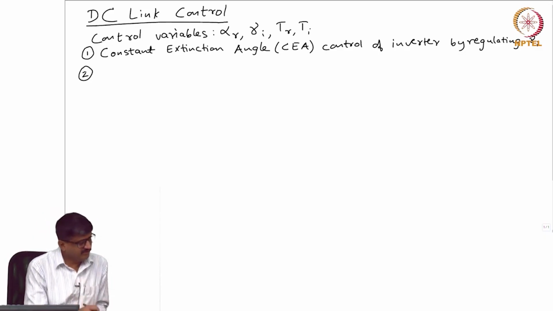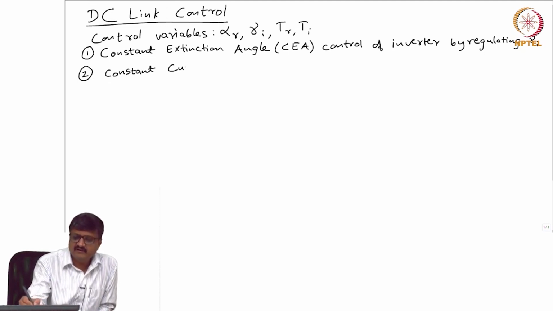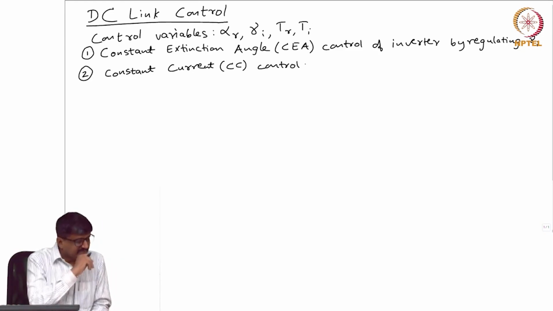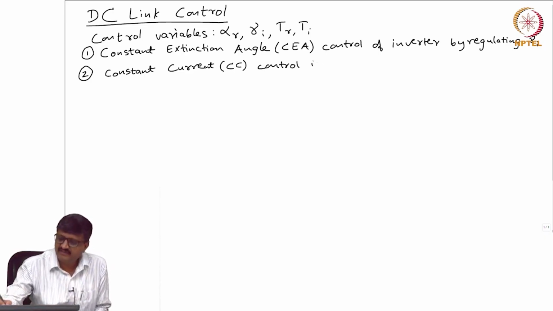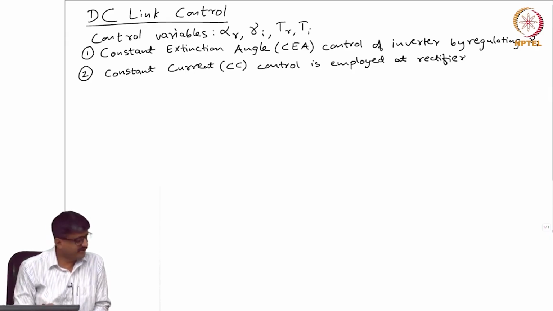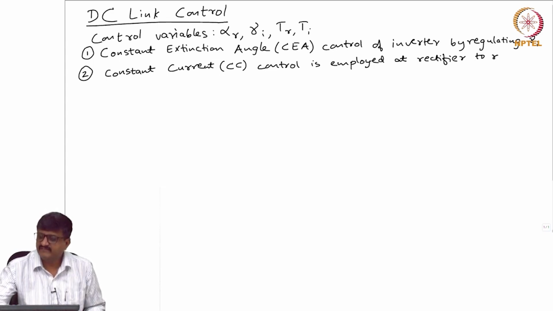So, we employ constant current control, abbreviated as CC control, at the rectifier. When I say constant current, we are trying to regulate the DC side current, ID.